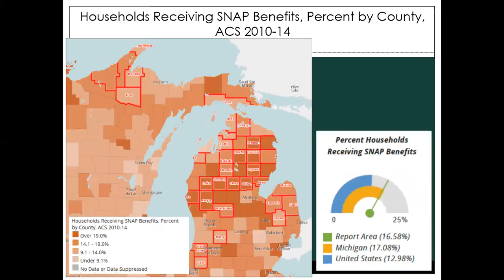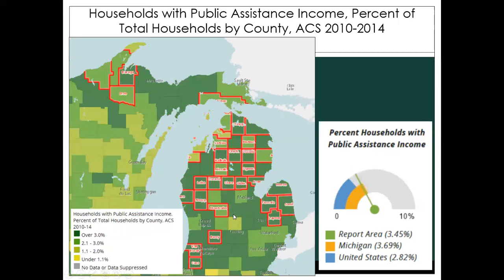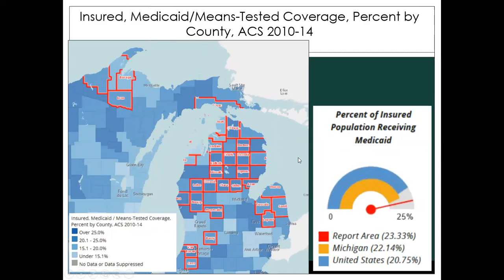Households receiving the SNAP benefits or food stamps is right about at the state average, which is again above national average. But as you can see, some of these counties are quite a bit darker than the others in the state. Households receiving assistance is around the state average. Households or individuals that are insured by Medicaid, however, is above the state and national average.